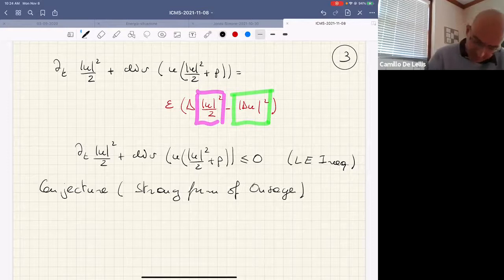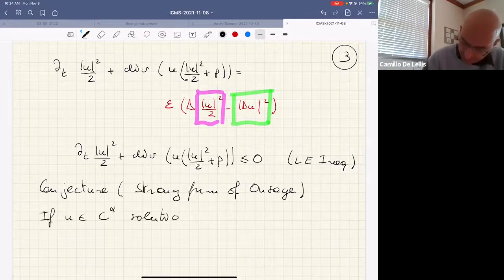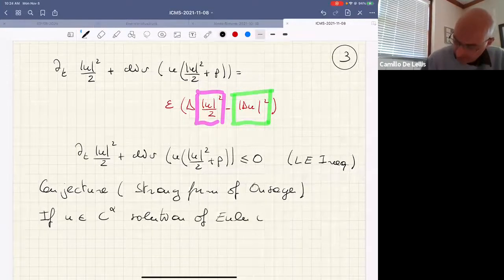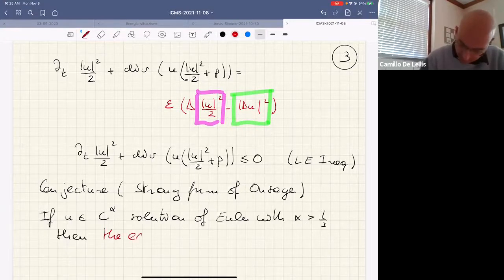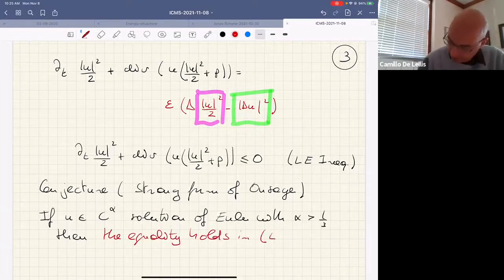And this would be that if u is a C^alpha solution of Euler with alpha above 1/3, then the equality actually holds in this identity.